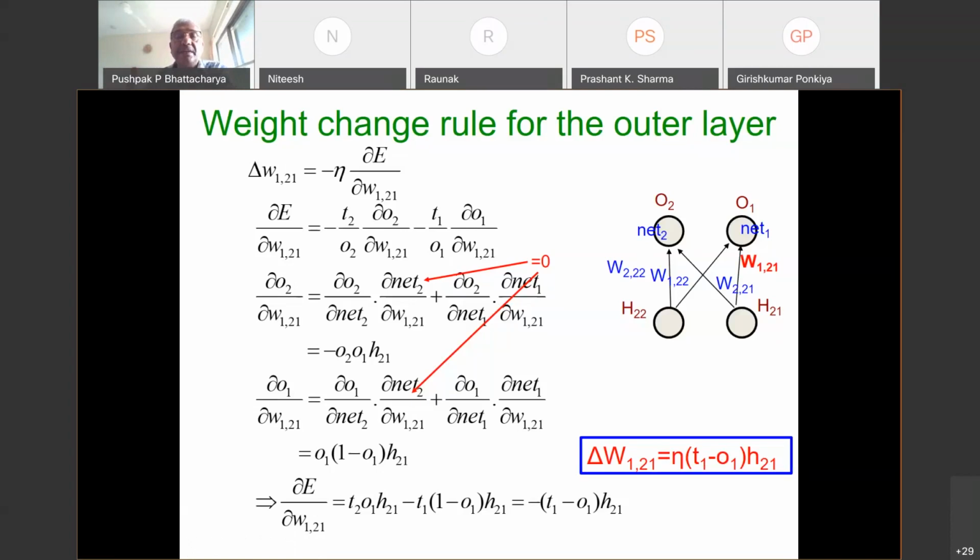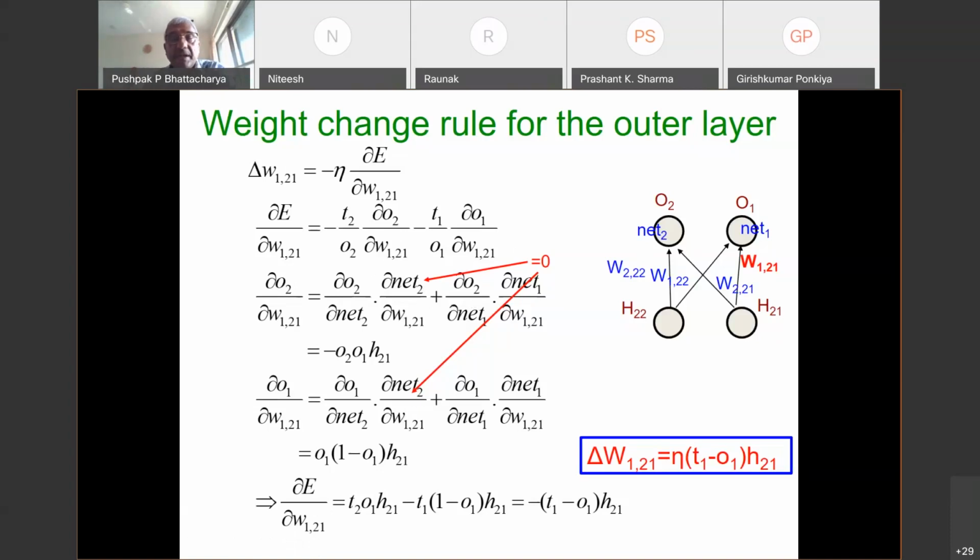And how did we derive it? We derived it through the pure application of partial derivatives, the chain rule of partial derivatives, and the summation rule of partial derivatives.